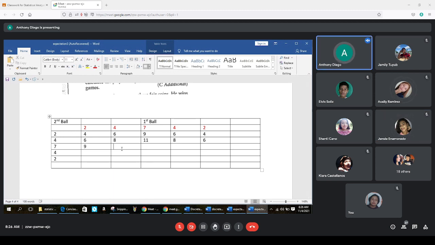Then 11, 11. After 11, we're gonna have 14, then 11, and then 9. Then here we're gonna be having the same thing like this here, isn't that so?